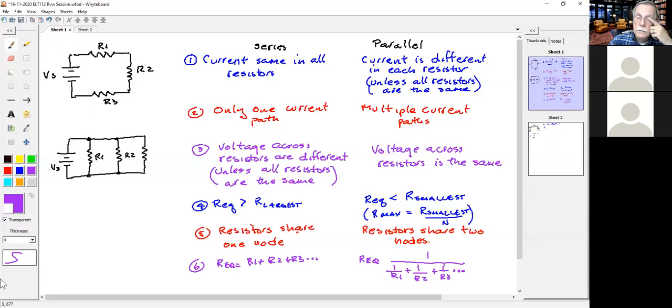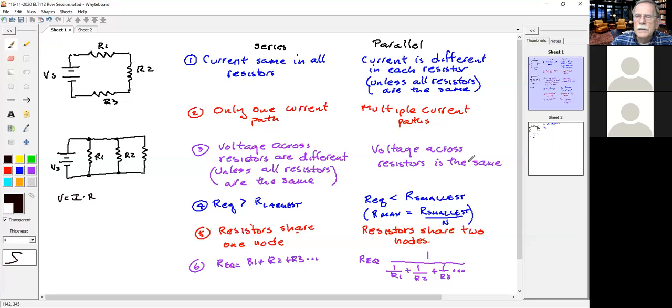Okay? So we have to remember the formula for series. One of the key things always to remember is that you've always got Ohm's law, V equals I times R, or I equals V over R, or R equals V over I, depending on what you want to do. That always works.